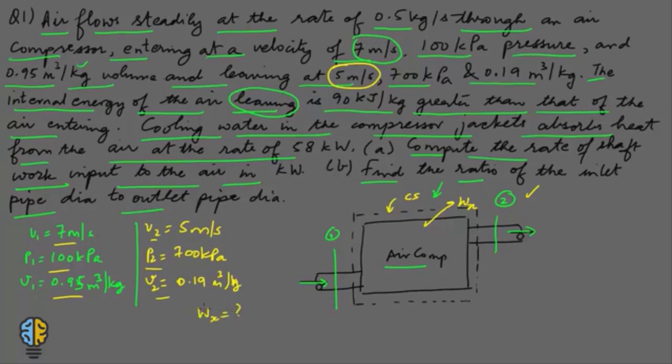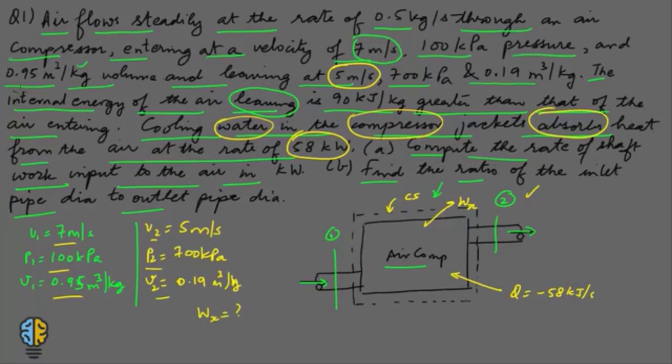It is also given that the heat input, you can read it here, the cooling water in the compressor absorbs heat. So absorption means the heat would be negative. So Q, how much? 58 kilowatts, so minus 58 kilojoules per second. And there is something about the internal energy.